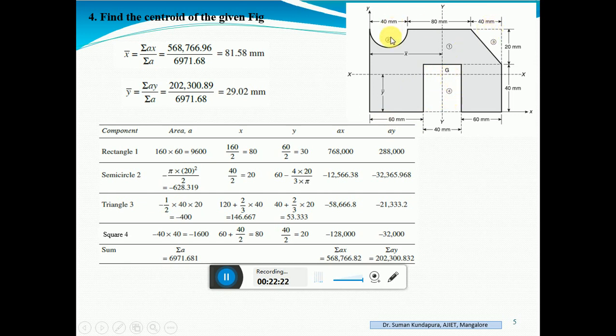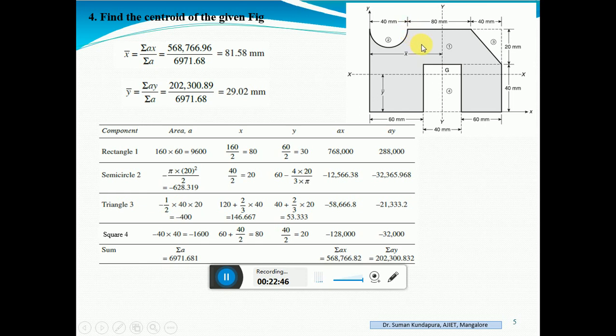So the entire rectangle area is... first you write down which is 1, which is 2, please write it down clearly. So this whole rectangle is 1, name it here as 1, you will have to name it in your figure. They won't give you which is figure 1, which is 2, which is 3. It won't be given in the problem.